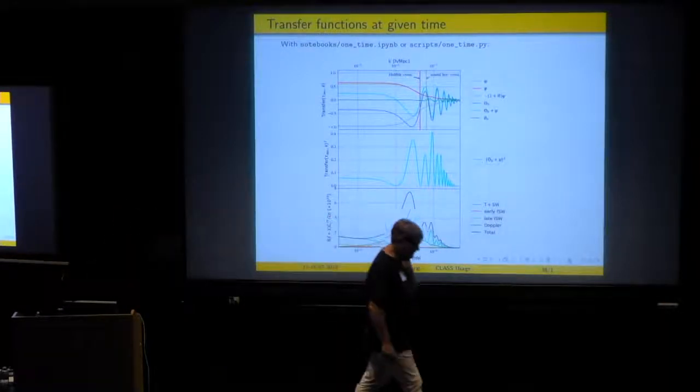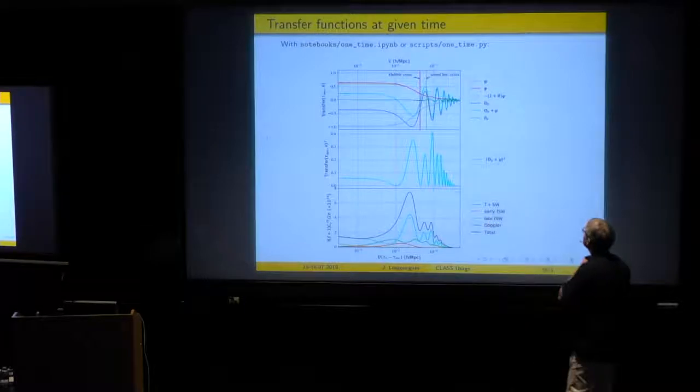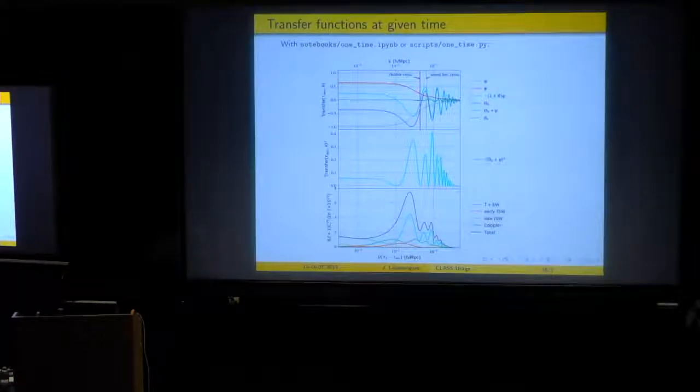So now you have the script in order to produce this plot. It's called onetime.py. This is typically the kind of plot you would do when you want to explain, for instance, CMB physics. But you could have a version of this to explain large-scale structure formation.